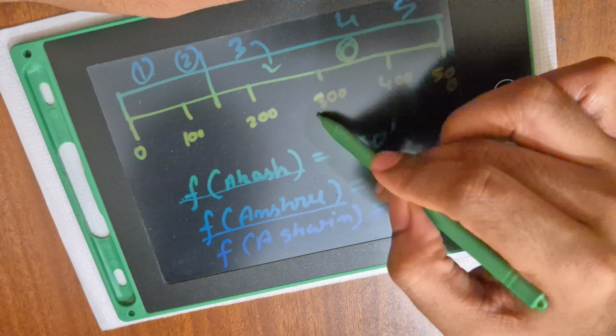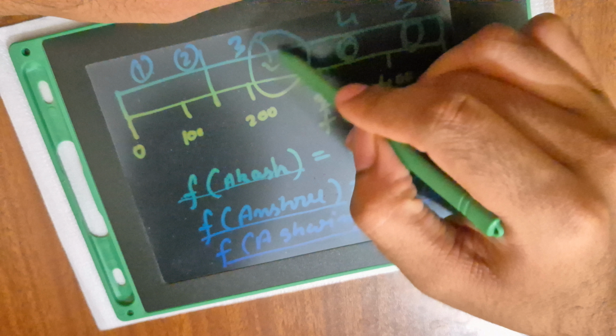Every person whose name starts from A to E is in partition number 1. Everyone whose name starts from F to K is in partition 2, and so on. So whenever someone is searching for my name, Akash, where should Akash be present? It should be present in partition number 1.